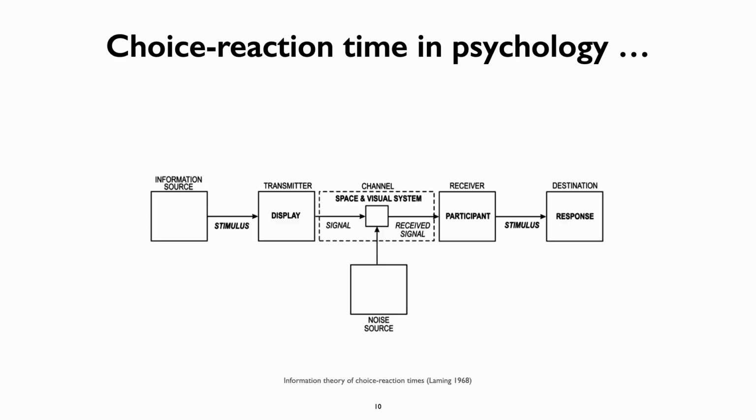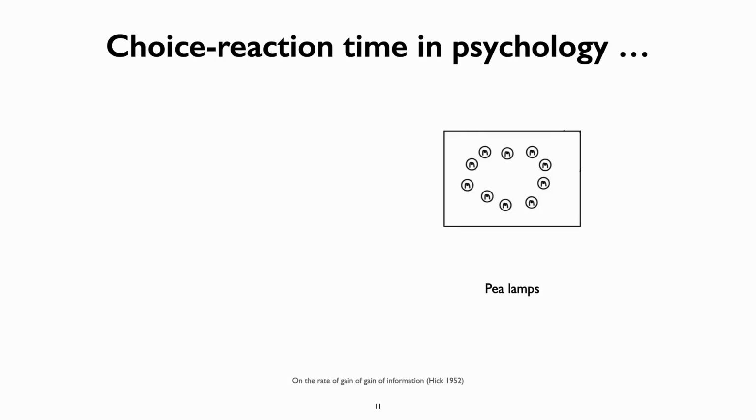Hick used the information theoretic rationale that was popular at the time to interpret the logarithmic curve. He considered the human as a channel of information transmission, therefore reaction time is seen as resulting from the uncertainty of the stimulus. In his experiment, 10 lamps were arranged in an irregular circle and connected to a device that was coded to light up a random lamp every 5 seconds.